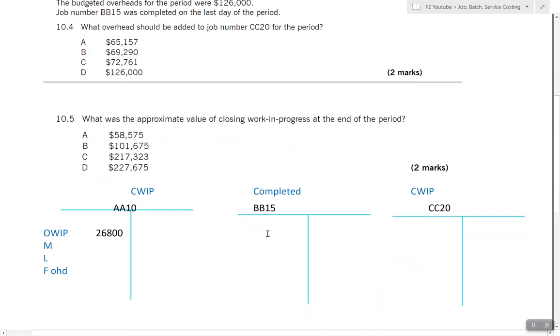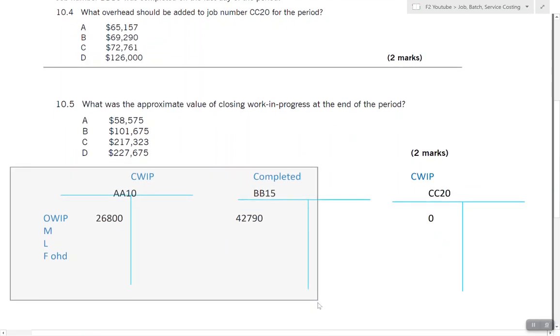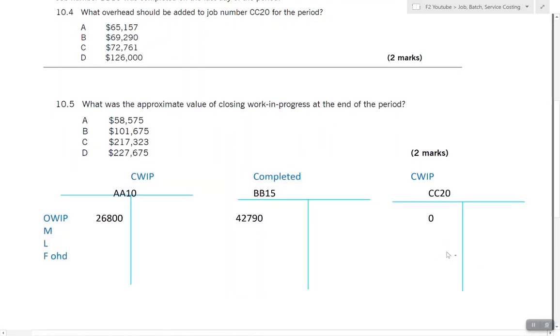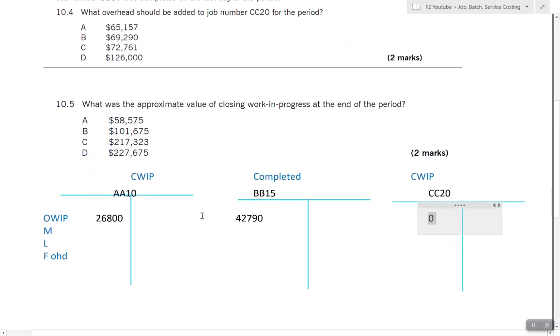At 42,790, and then nothing. So job number CC20 does not have any opening work in progress. It means that it is a new job. These other 2 jobs were started last period, but they were not completed. But this is a new job. Material 17,275.